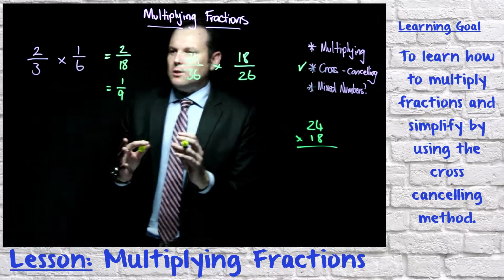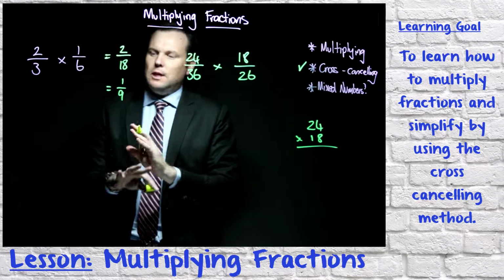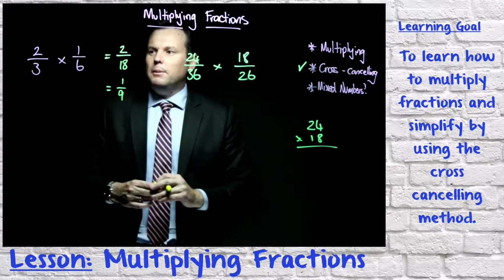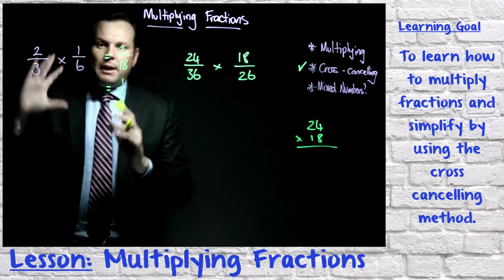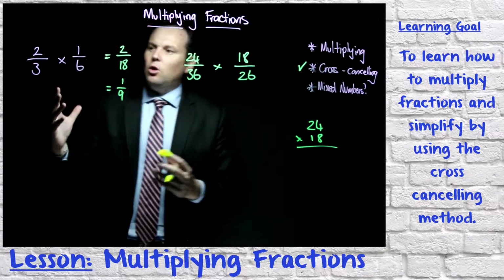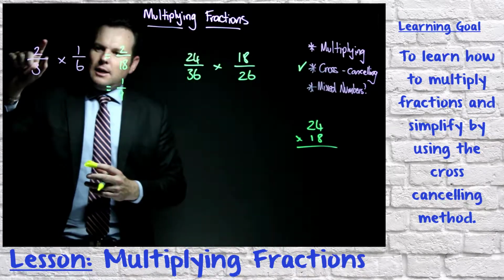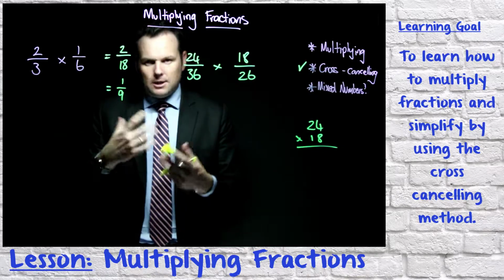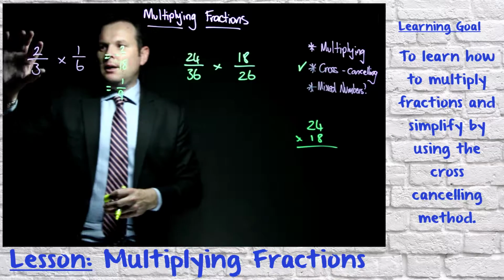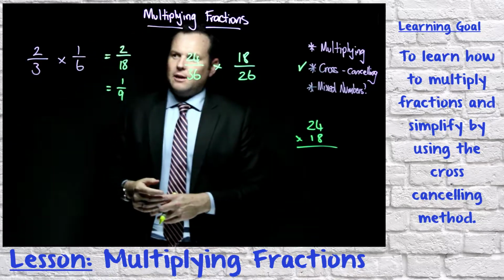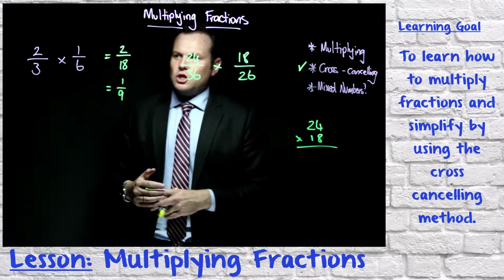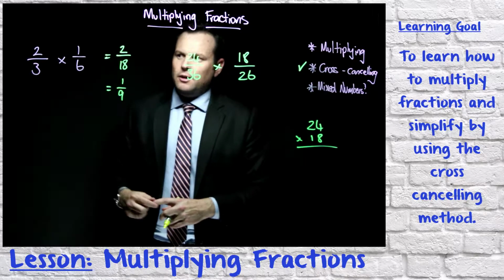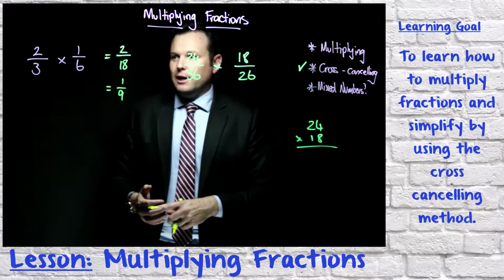Now, when we cross-cancel, just follow me here because it's a little bit confusing to start off with, but you will pick it up. When we cross-cancel, we're basically simplifying a fraction. So whenever I look at a fraction, I ask, can I make these two numbers smaller by dividing by a common factor? The answer is no, I can't. I can't find a factor that 2 and 3 share aside from 1, and 1's useless to us because if we divided both of them by 1, we'd end up with 2 over 3.